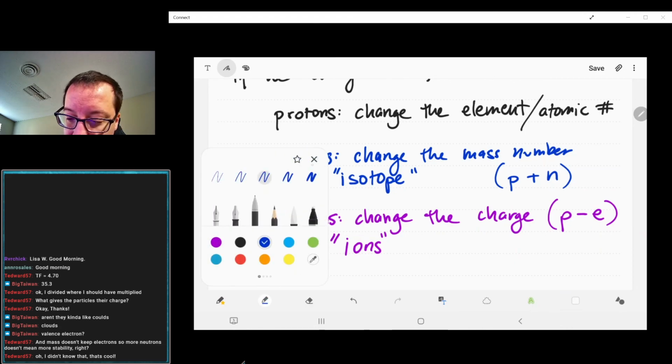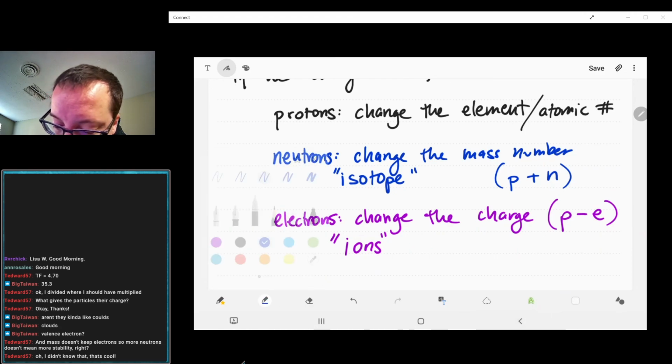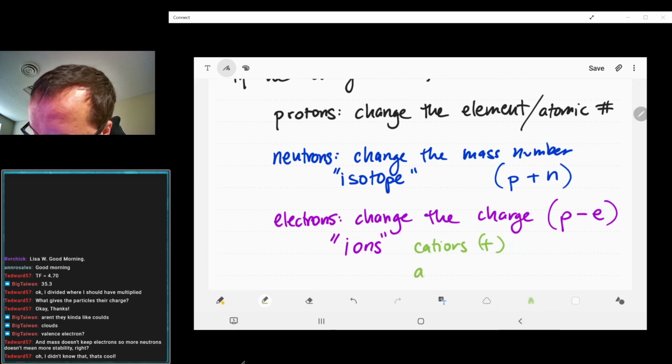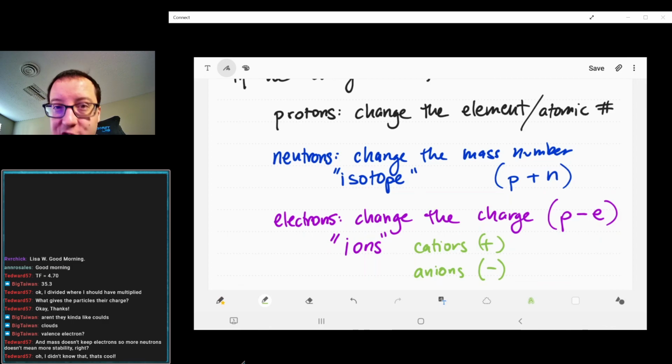You can have cations, and anions are negative. So we have two flavors there. So that's the essence of chapter 3a. Honestly, it's a very short chapter.